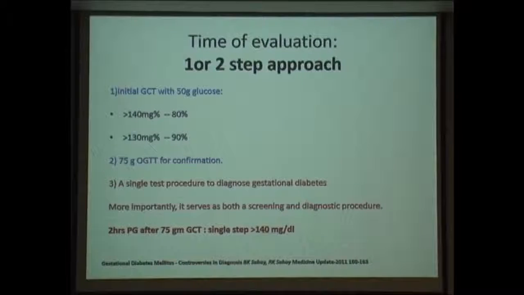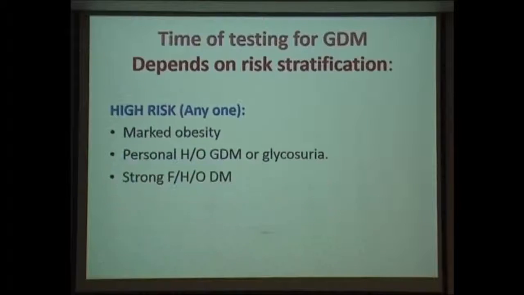Now when you are doing the 50 gram, you definitely need a 75 gram OGTT for confirmation. If you are using this DIPSI guideline and you are testing a fasting patient, with a 2 hours postprandial glucose of 140, it is actually confirmatory. If the patient is not fasting, then you need a repetition. So this can be done in an OPD scenario as well as in the fasting state.